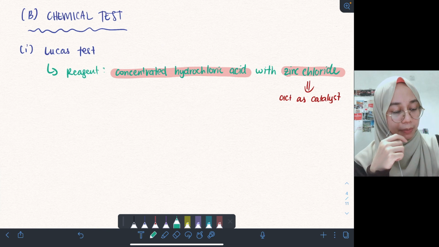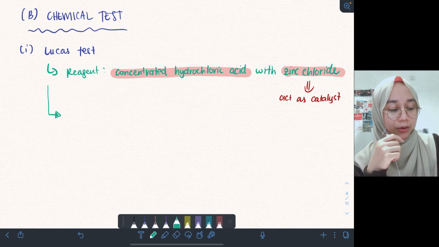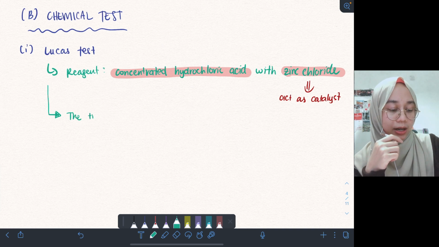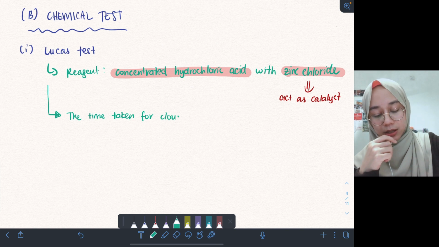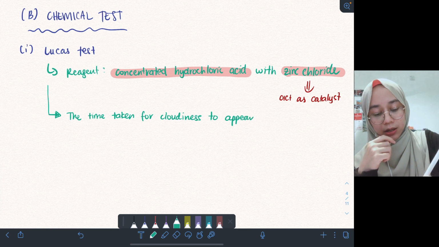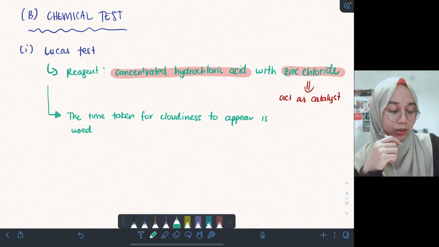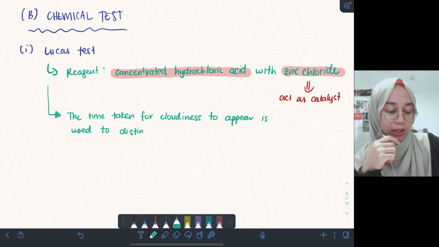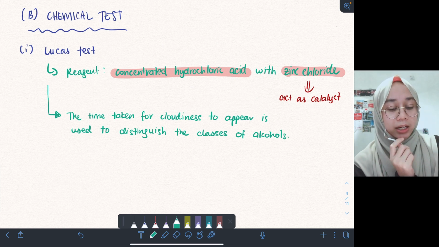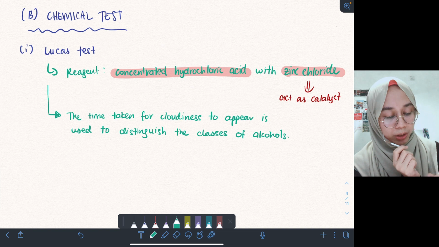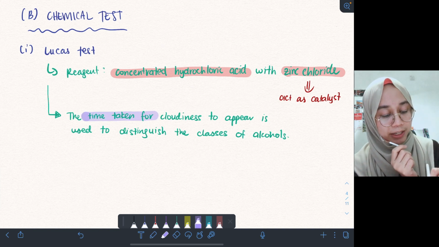So what's gonna happen here is kita akan tengok the time taken for cloudiness to appear, which is used to distinguish the classes of alcohols. The time taken for cloudiness to appear ni, bahagian ni adalah observation kita lah.